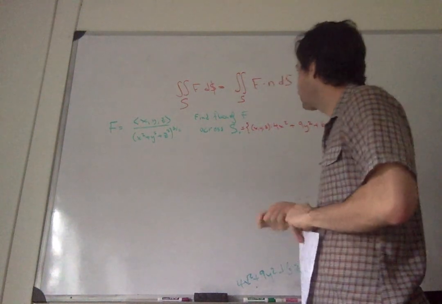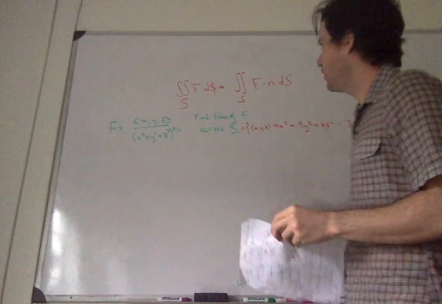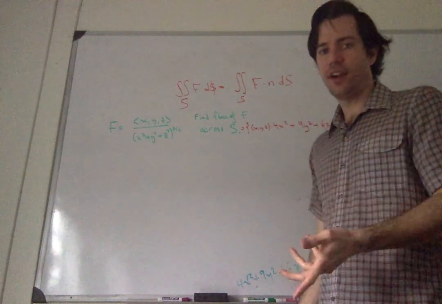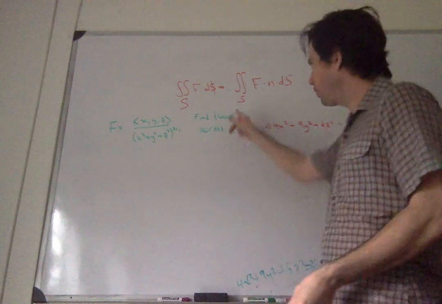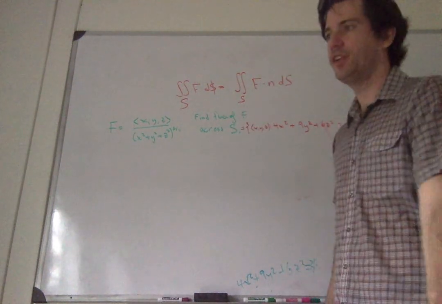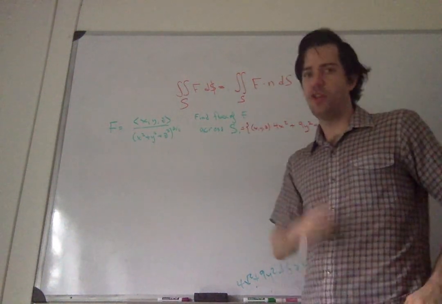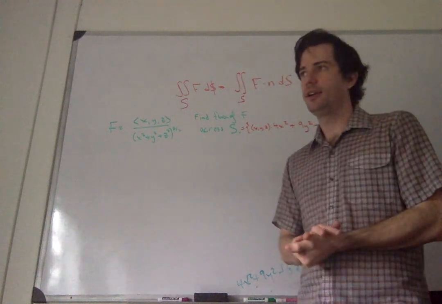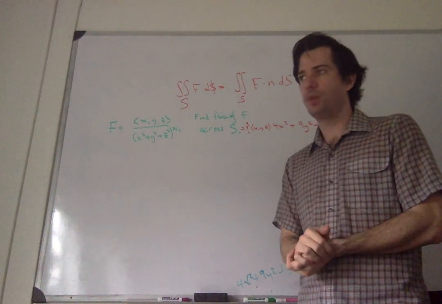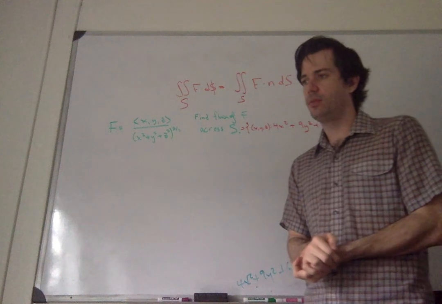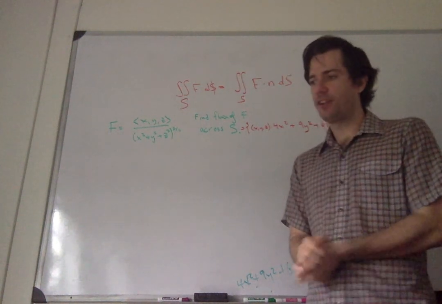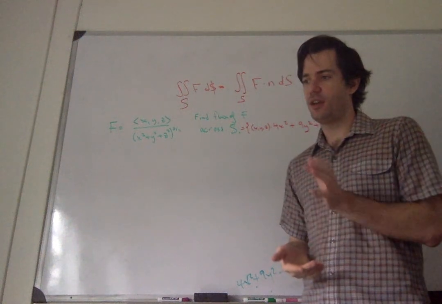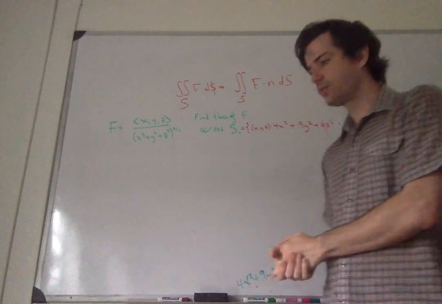So, what is n? This is a normal vector. Normal to what? Well, normal to the surface S. If you think back to your early days of this course, when you have a plane, say ax plus by plus cz equals d, the normal vector to that plane is the vector a, b, and c.